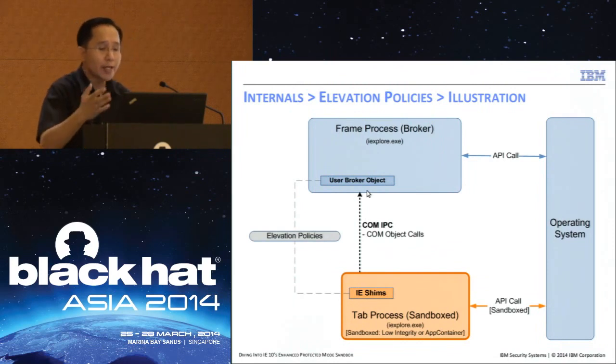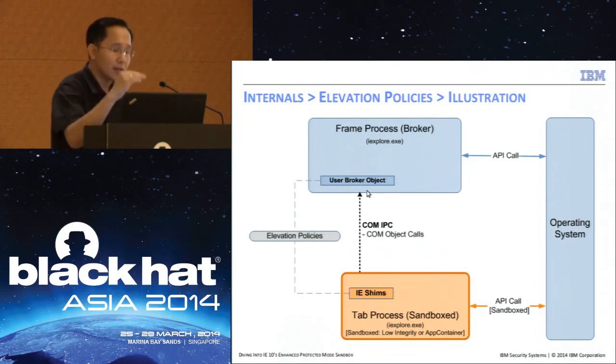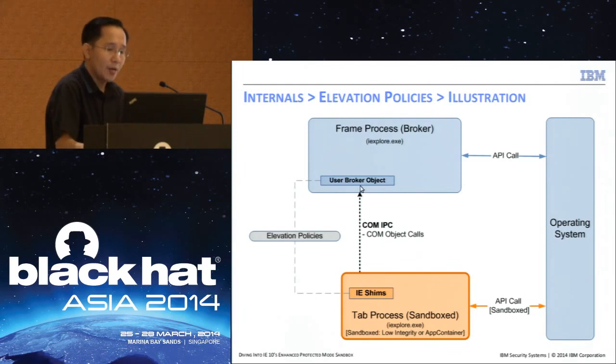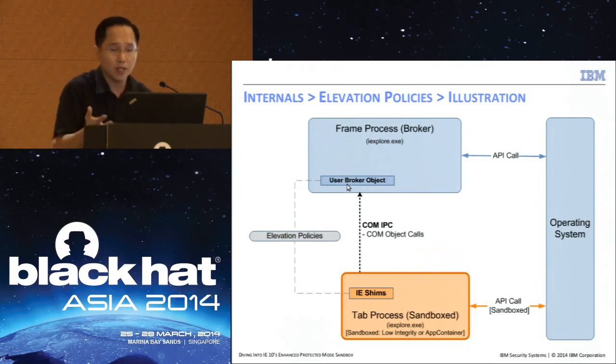And this is important. The broker will recheck the API call against the elevation policies, and it will find out that yes, Notepad should be executed in medium without prompt. So the broker will execute Notepad without any questions.